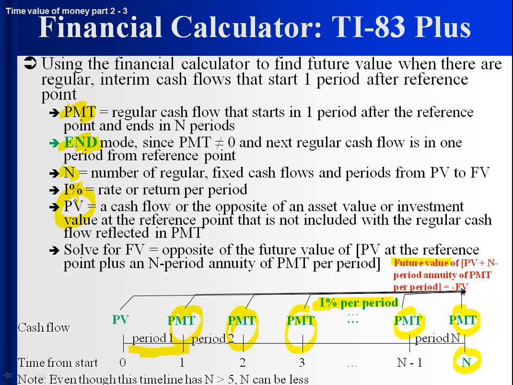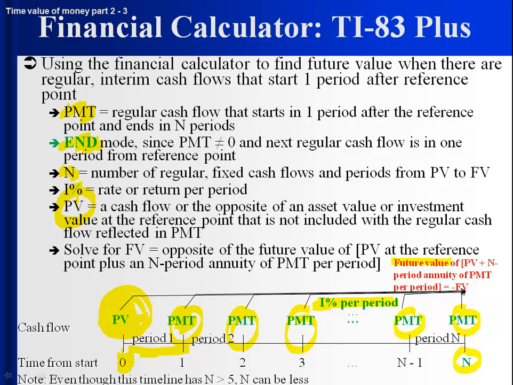PV: if you tell it PV, it has that as an extra contribution at time 0, or much more commonly, an amount of money that's already in the account. You're going to want to put the payments as negative because you're putting money into an account. And PV, even if it's money that's already in the account, is going to have a negative sign.